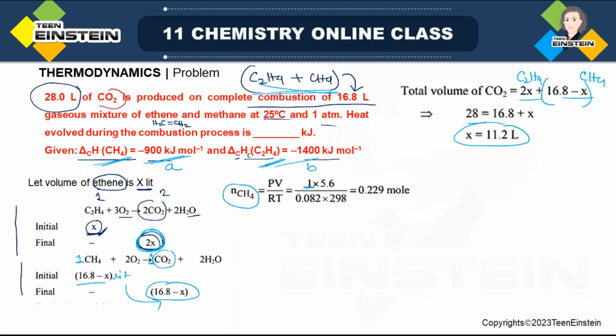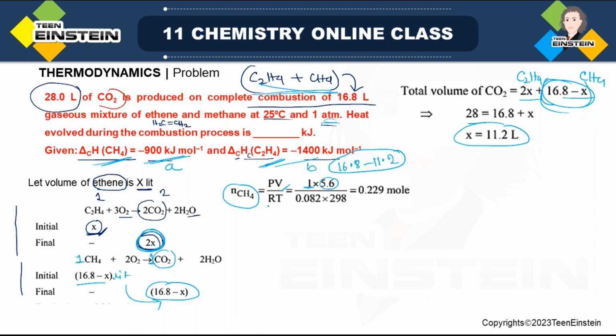Pressure is given 1 bar, which is almost equal to 1 atm. So it is fine. Directly atm is given. Volume is 5.6. Now where are you getting so? It is basically 16.8 minus 11.2, because that is the volume of methane.